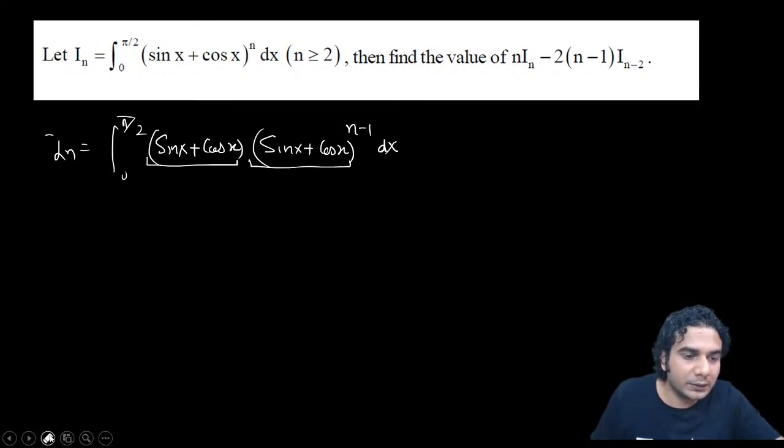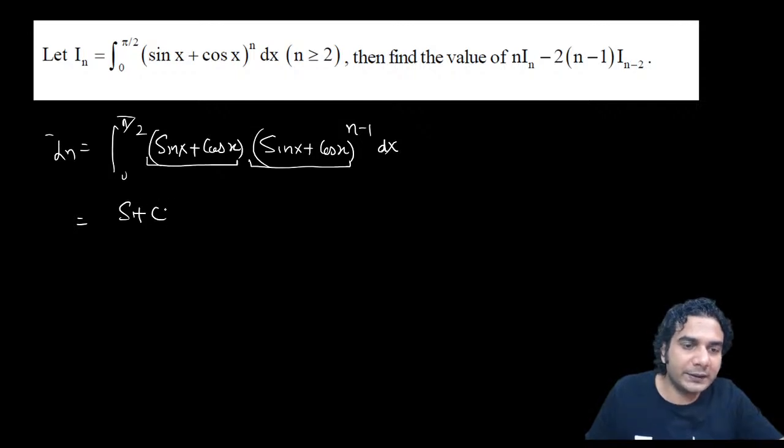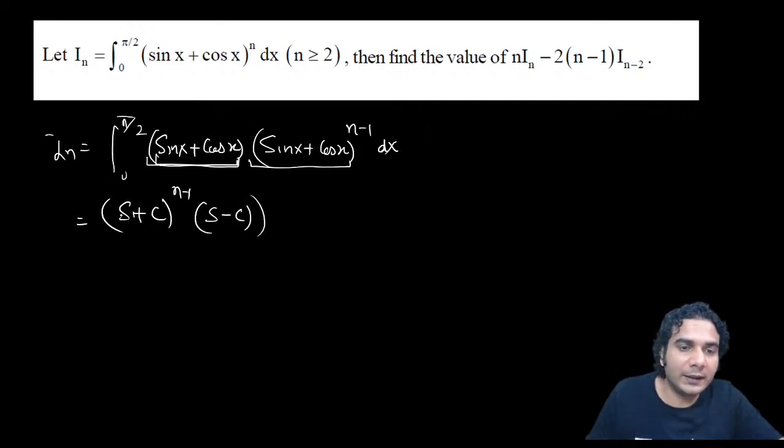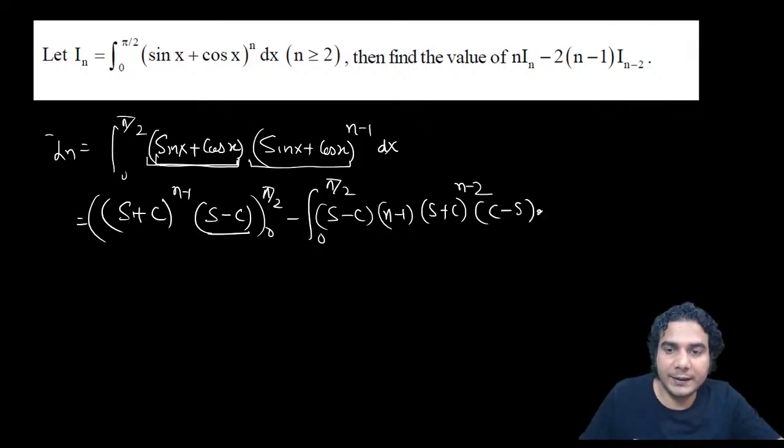In short, I'm writing sine as S and cos as C. So sine plus cos raised to n minus 1 as it is, and now integrate the other part: integration of sine is minus cos and integration of cos is sine, so it is sine minus cos, with limits 0 to pi by 2, minus the integral from 0 to pi by 2 of this function as it is, sine minus cos, into the differentiation of this, n minus 1 sine plus cos raised to n minus 2, into the differentiation of sine plus cos, that is cos minus sine, dx.